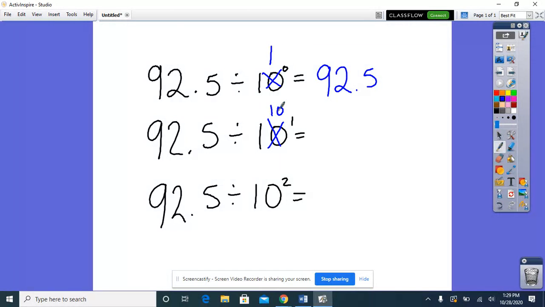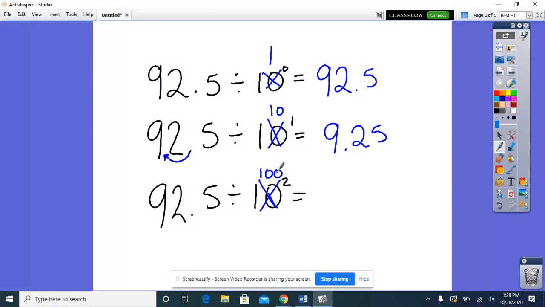For my second one, 10 to the first power equals 10. So 92.5 divided by 10, we're making it smaller. My decimal is here, and I'm moving it in one place because I have 1 zero. That gives me 9 and 25 hundredths. For our last one, we have 10 squared, or 10 to the second power. That equals 10 times 10, which is 100.